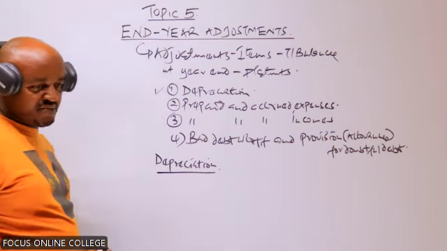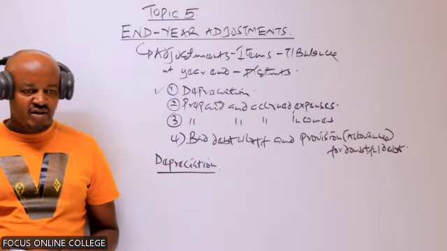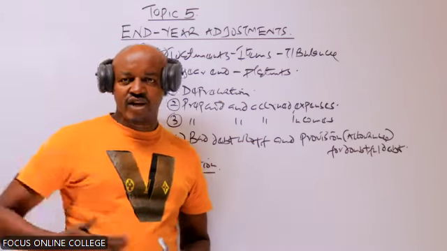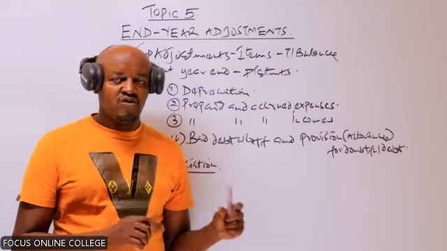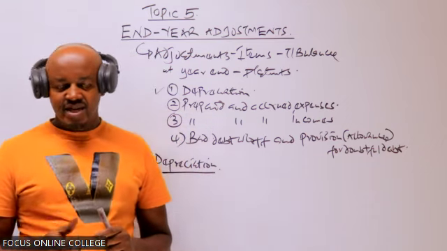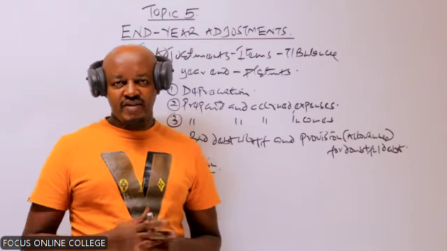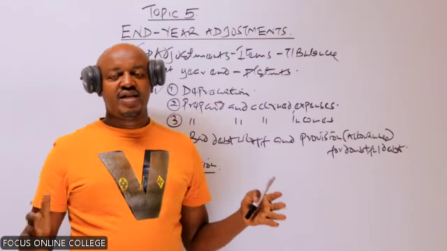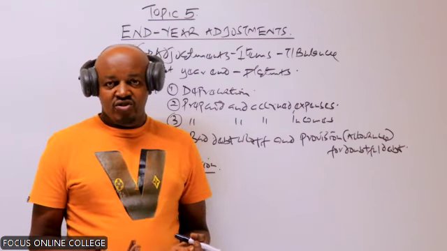So what do we mean by depreciation? Depreciation basically refers to the estimated loss of money value of the asset. It is the estimated loss of money value of what? Of the asset. Remember what I've said is that assets such as buildings, motor vehicles, furniture and fittings, those particular assets tend to lose some value as a result of a number of factors, or basically due to a number of reasons.